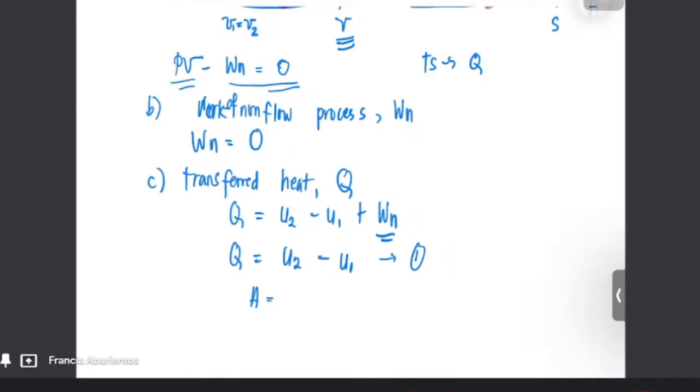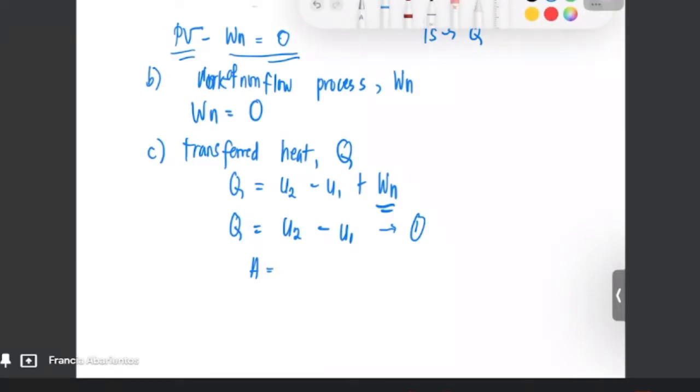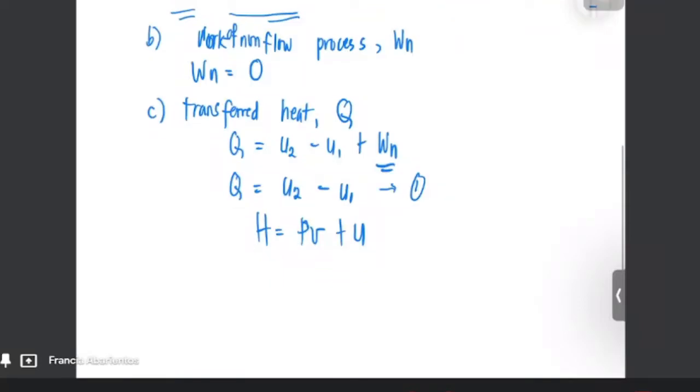Okay. Wait, class. Yung enthalpy natin is equal to the PV plus U or the U plus PV. So we can use this equation also. The enthalpy at point 2, the pressure at point 2, and the specific volume at point 2. Class, minsan kadalasan sa solution, yung volume refers to the specific volume. Okay?